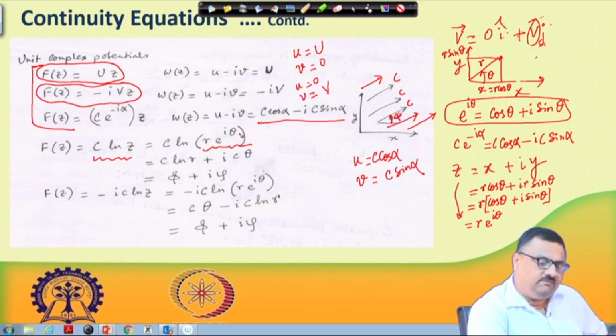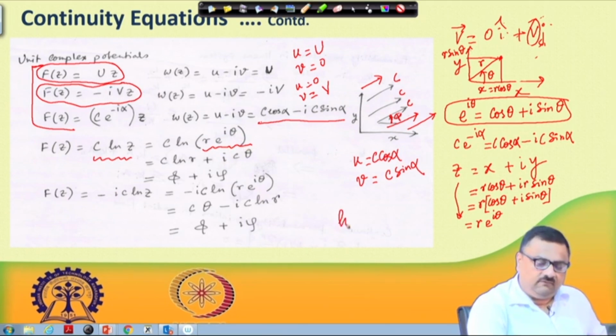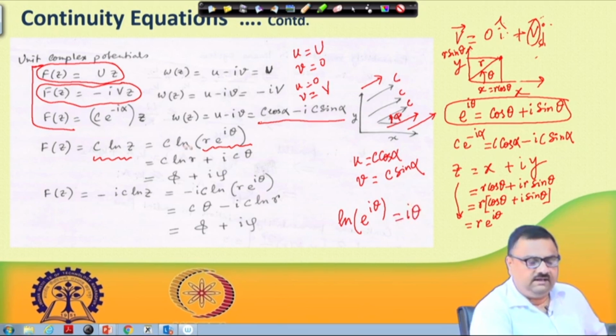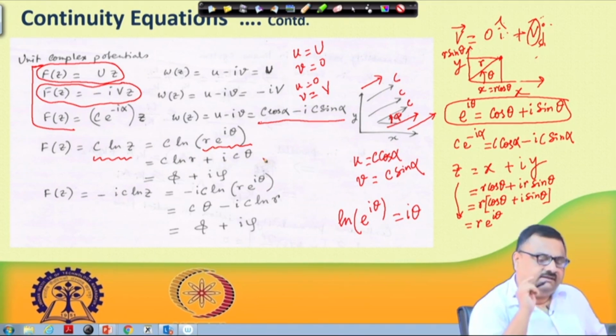So, ln of e to the power I theta would be simply equal to I theta. So, ln of a into b is ln a plus ln b. So, ln a is ln r and ln b is I theta. So, it is C ln r plus I c theta.